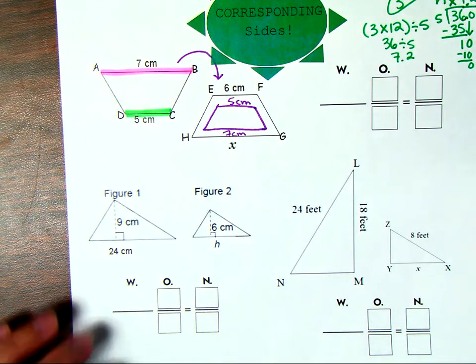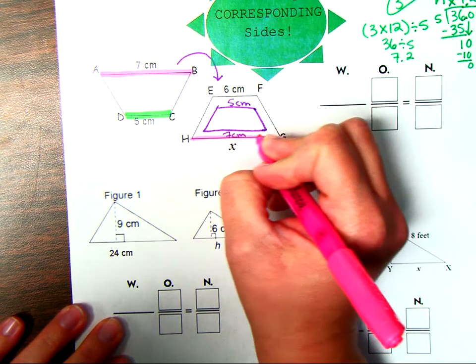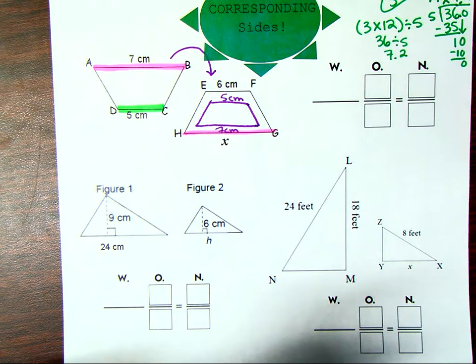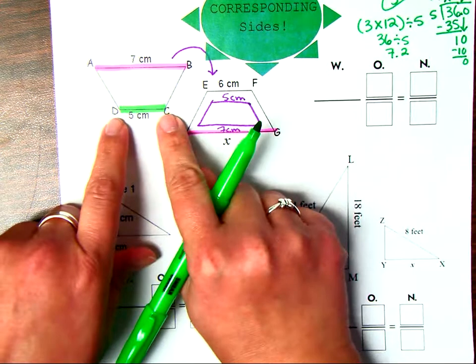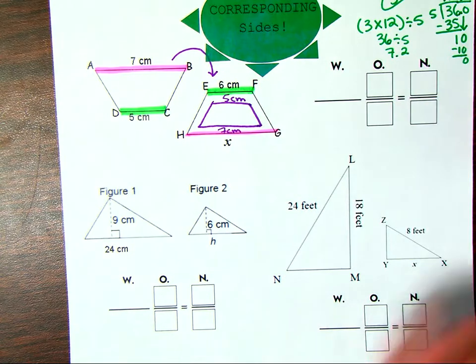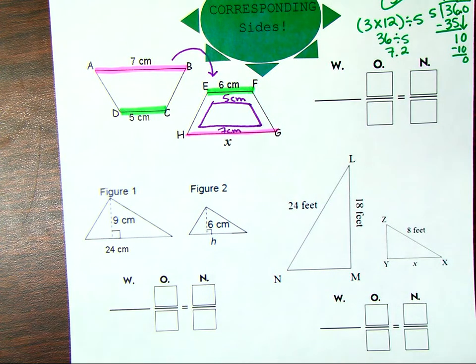So that 7 centimeters corresponds with this X, this line segment GH or HG, and then this line segment DC corresponds with this one right here. Okay? So again, we're using these different colors to help us when we're setting up our proportions in case we forget how we want to label these.